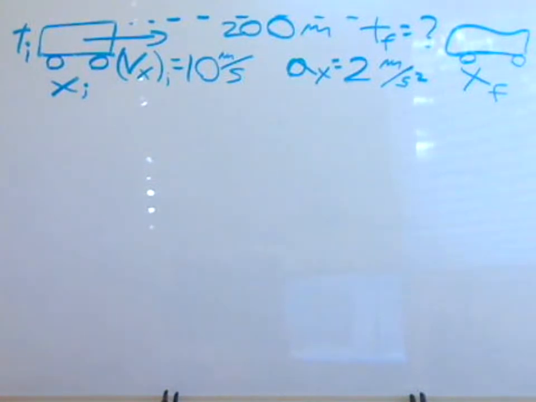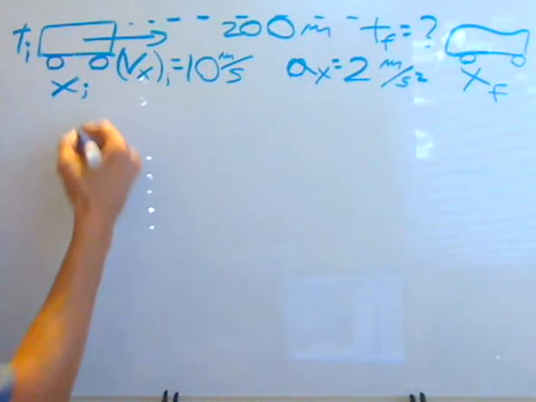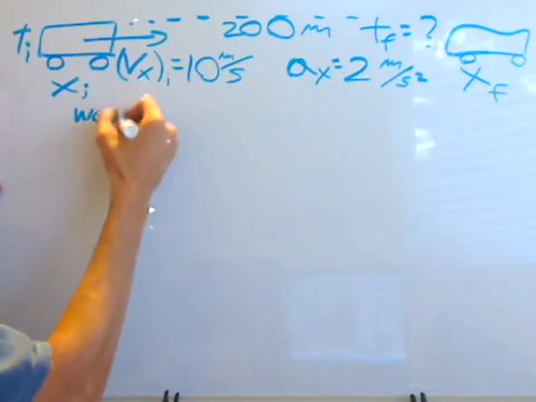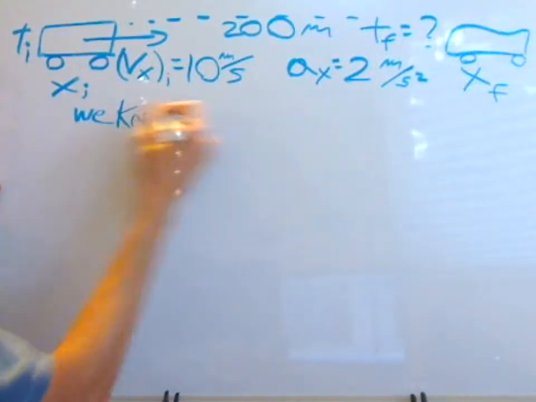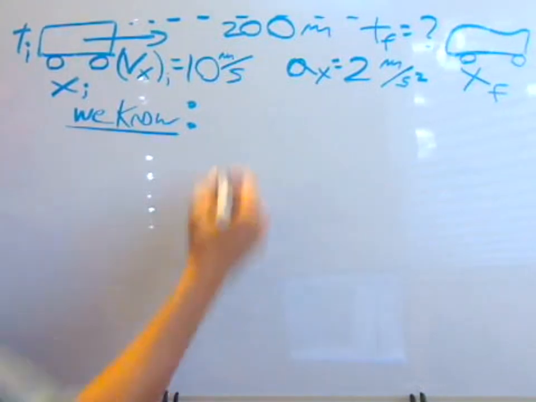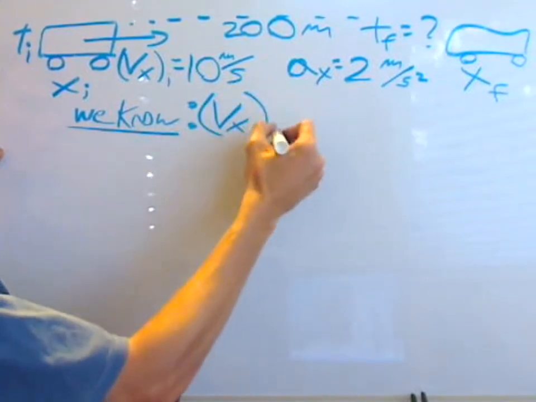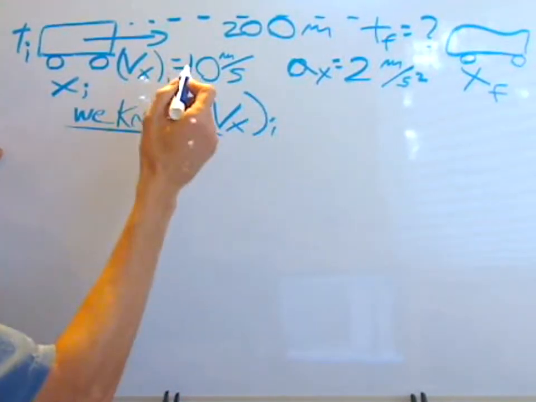Okay, so once we have our figure in place, the next step to solve a problem like this is to write down what we know. Well, we know what the initial velocity is. It's written right up here.